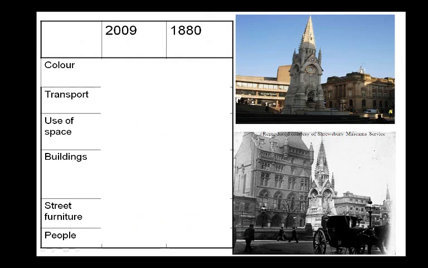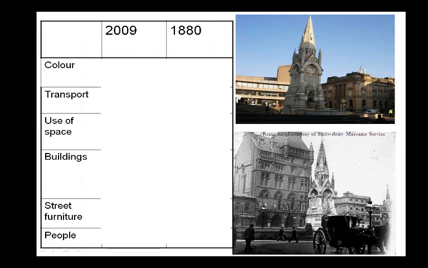So if we compare these 2 photographs, we can identify the different themes that might be appropriate. Colour is something that distinguishes them. Transport methods, the use of the space, the types of buildings, possibly the street furniture and signage, the people or the number of people, and so on.